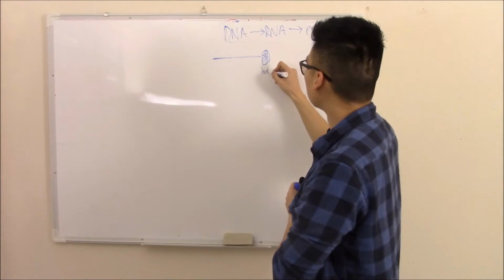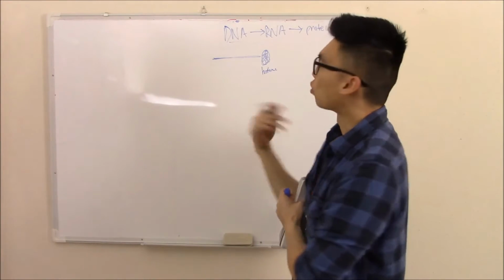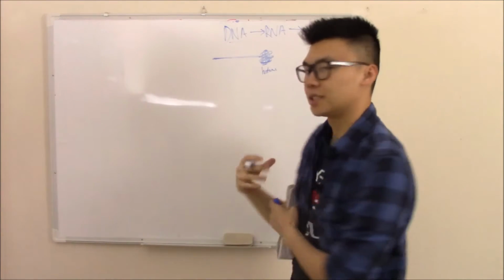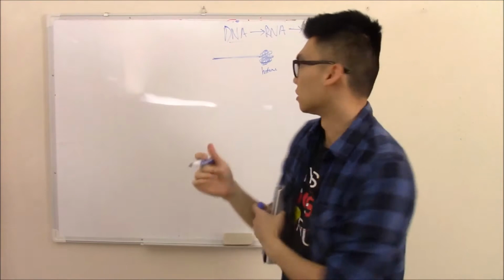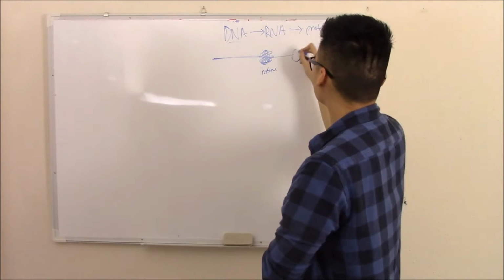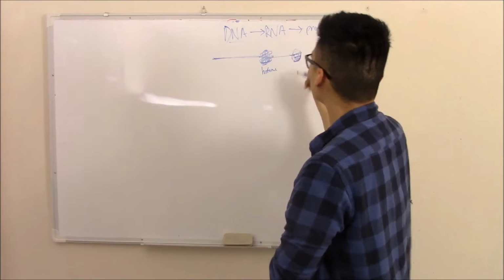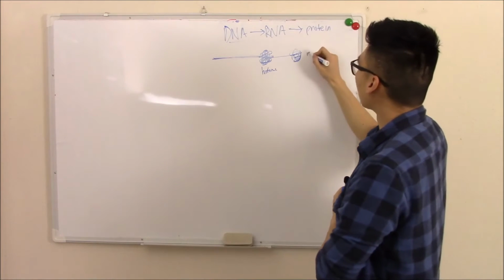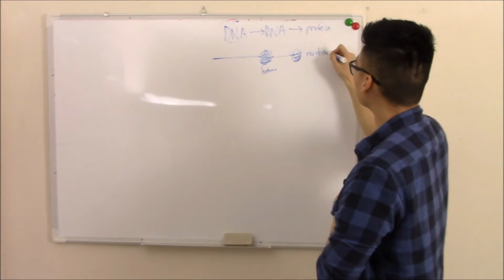This is your histone. And we wrap chromatin around it just to condense it even further. This is now called your nucleosomes.